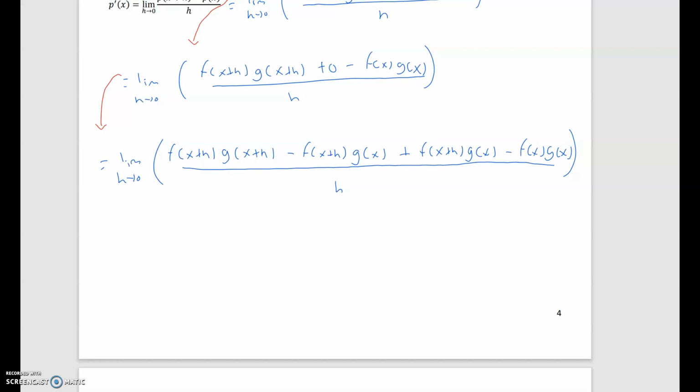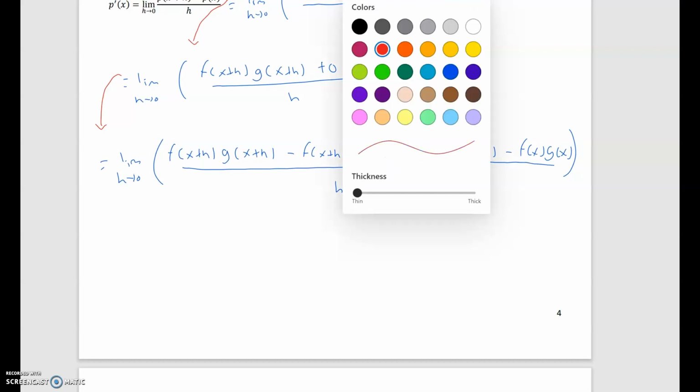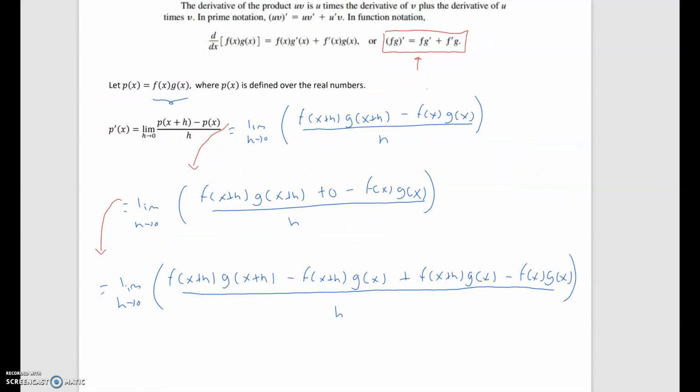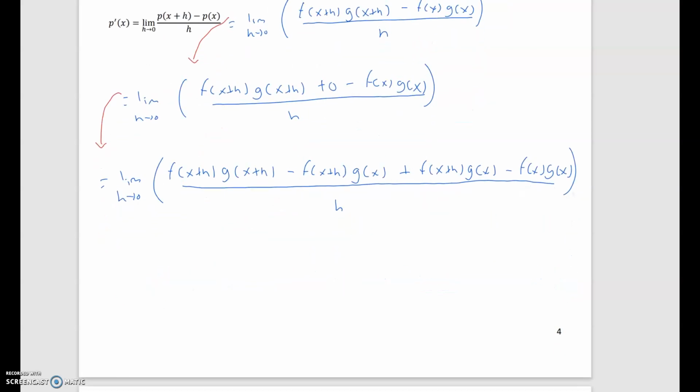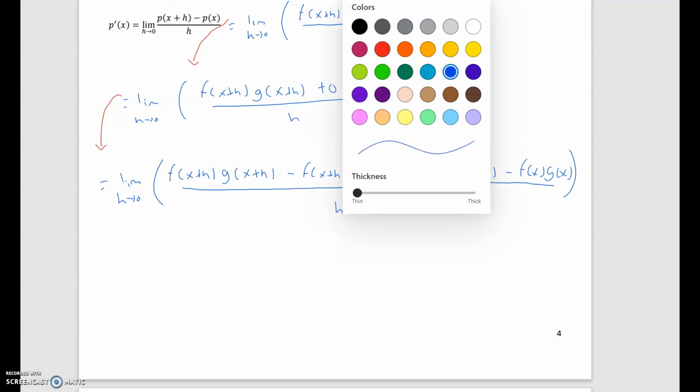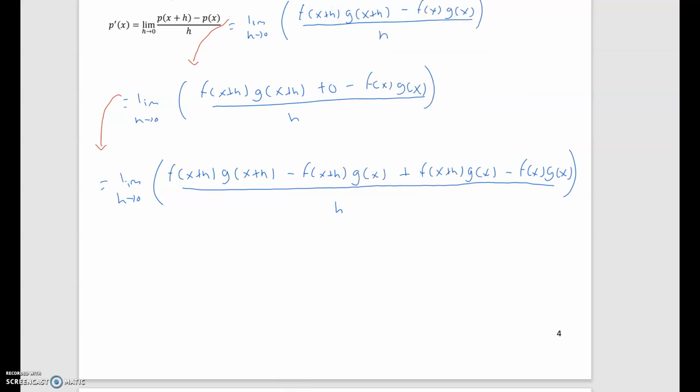Now, what I'm going to do is look for common factors and see if we're able to express the top in some sort of a format. And notice that we're looking for technically an f and a g prime. So for instance, from the top, we could factor on the first expression. I'm just going to factor the common factor of f of x plus h.